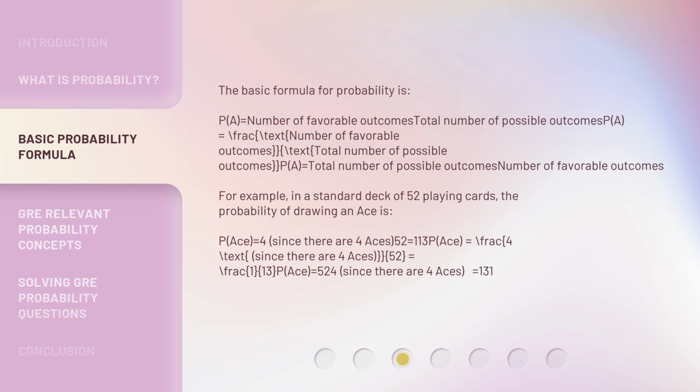For example, in a standard deck of 52 playing cards, the probability of drawing an ace is P(ace) equals 4 over 52, since there are 4 aces, which equals 1 over 13.